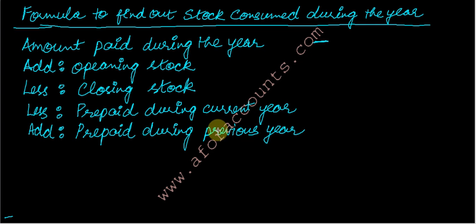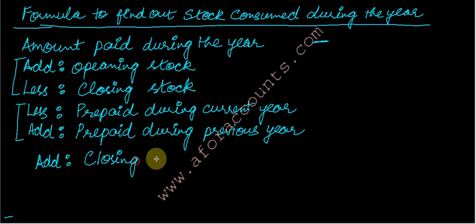And now the last point is for your creditors. I have one point for your stock, one point for your prepaid expenses, and the last point is for your creditors. So I will add the closing creditors and subtract the opening creditors.